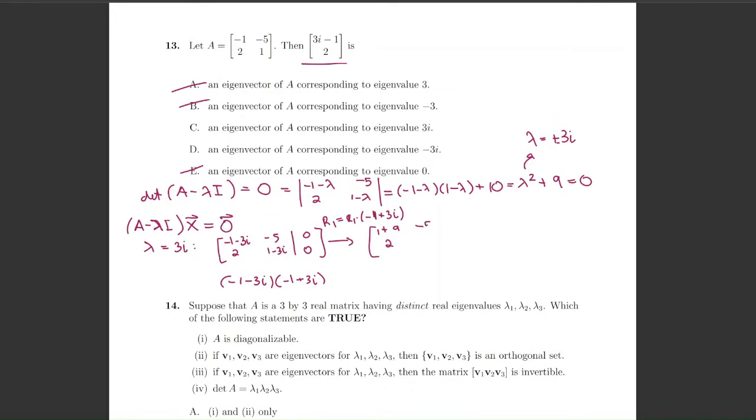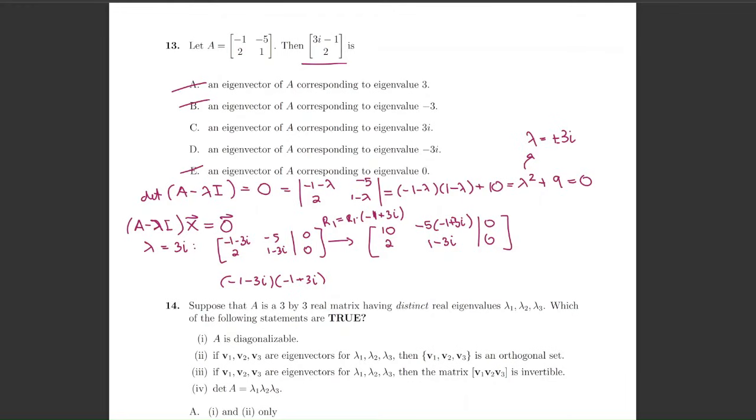Then we have -5 times -1 plus 3i, and then this is going to be 1 minus 3i. So this just becomes 10. Hopefully you can see that if we divide the first row by 5, we get the second row. So really we just need to pick some x that can satisfy the expression.